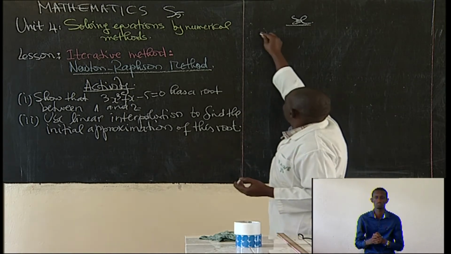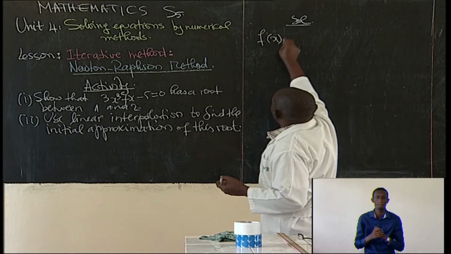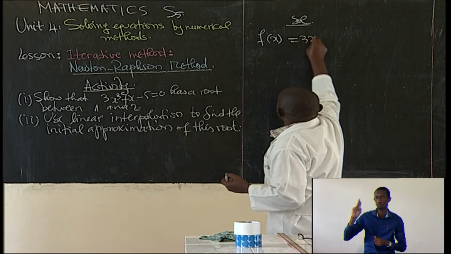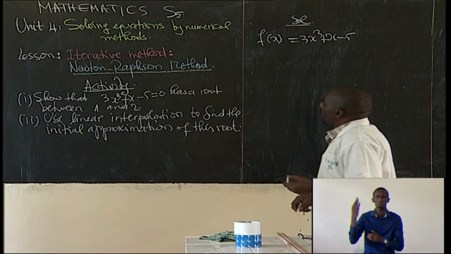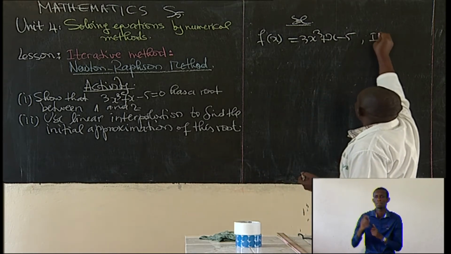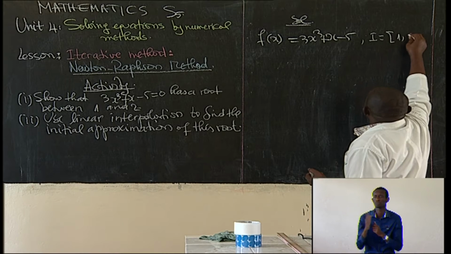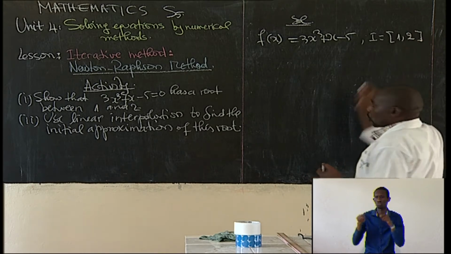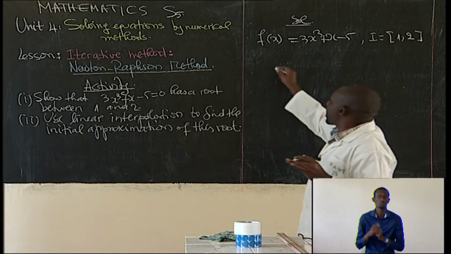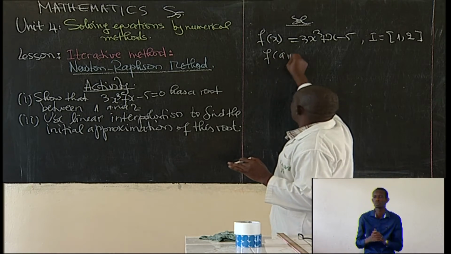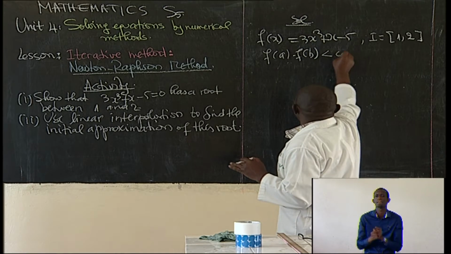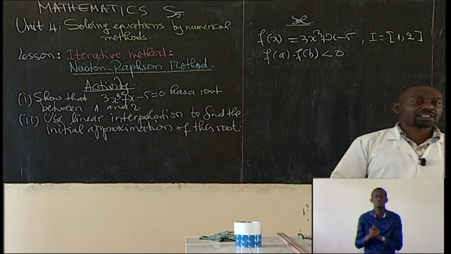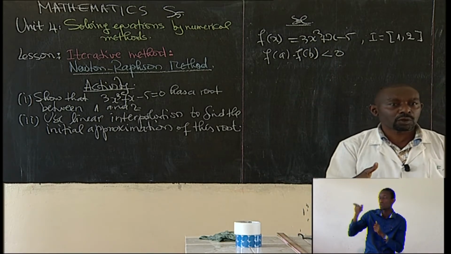Let our function f of x be 3x cubed plus x minus 5, and we have our interval from 1 up to 2. Remember that when f of a times f of b is negative, it means that the function changed sign, right?